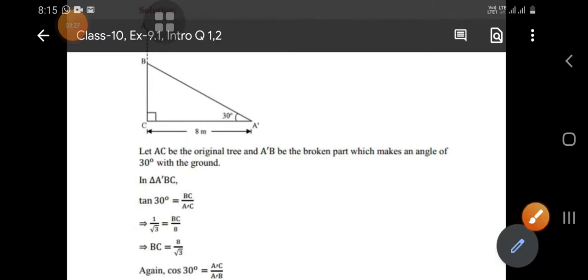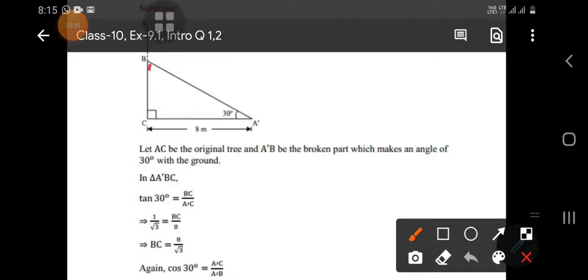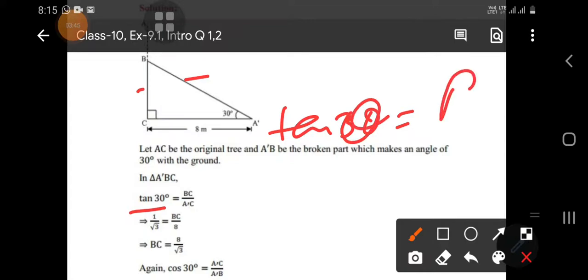Now take the triangle A dash BC. This is a right angle triangle. So we take tan theta, because we have to find these two things. As we know, tan theta is equal to P by B. Theta is 30 degrees, P means BC, this portion, and B means CA dash.